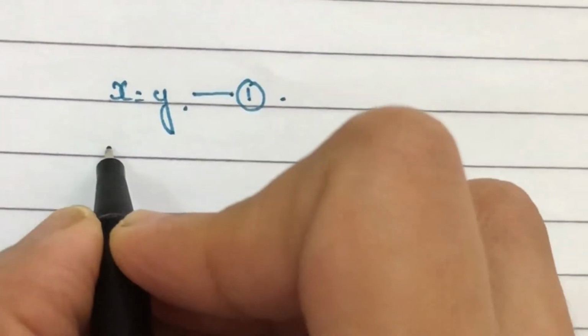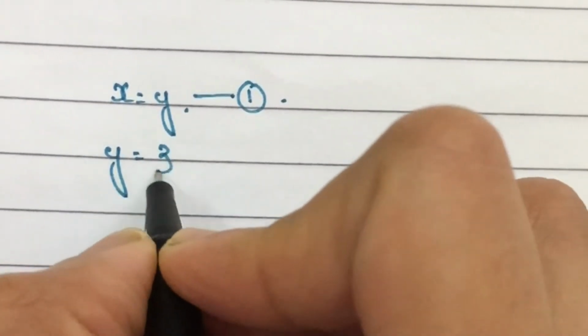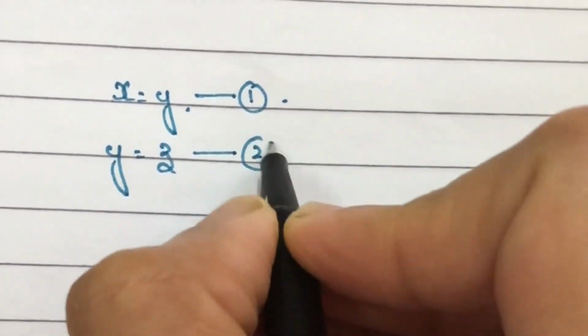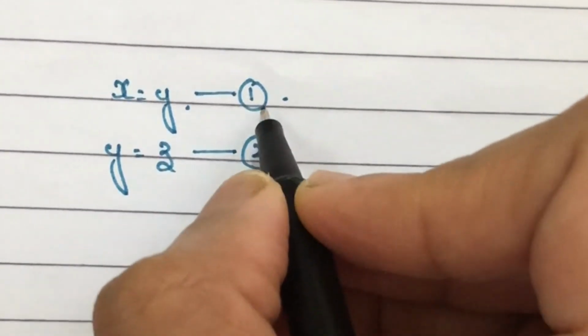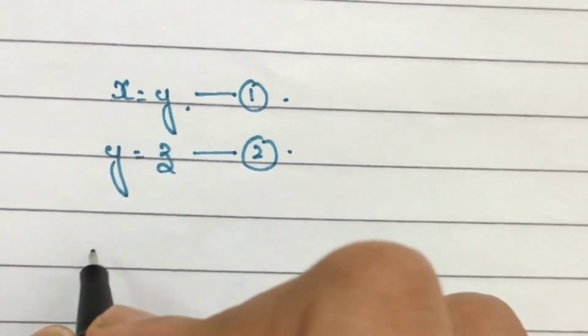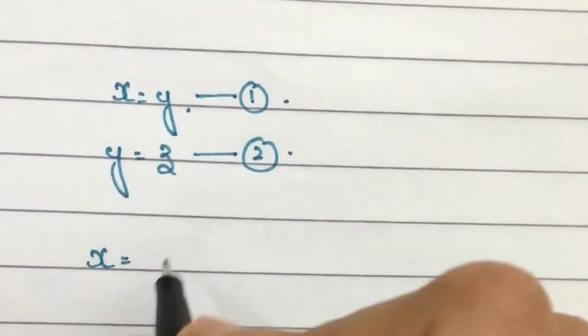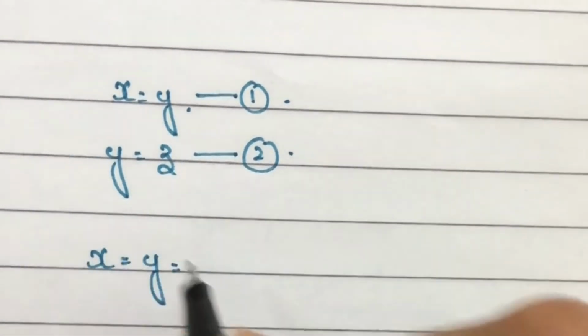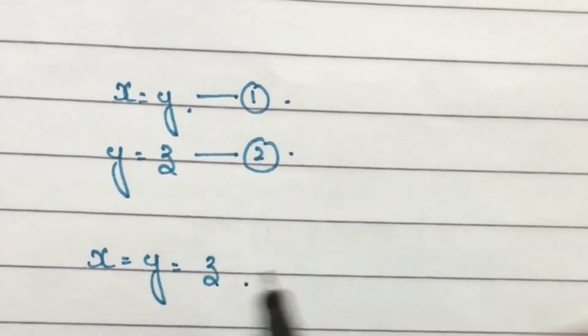Now suppose x equal to y, equation number 1, and y is equal to z, equation number 2. By comparing these two equations, what can you say? x equal to y equal to z, right?